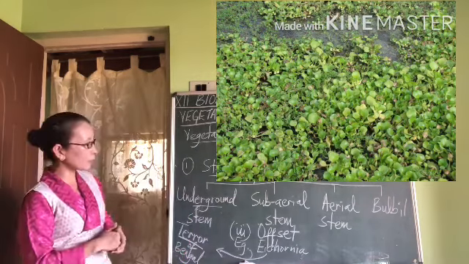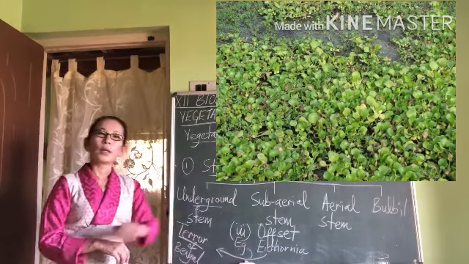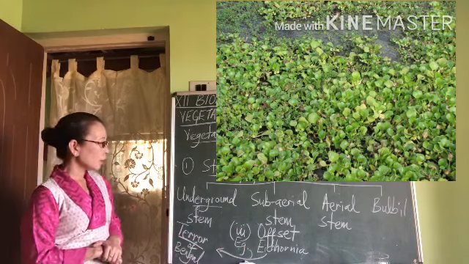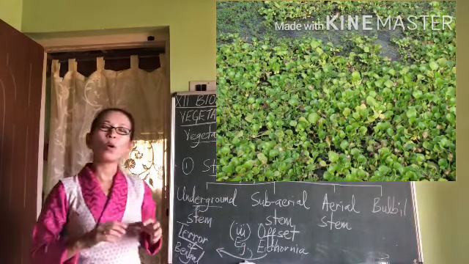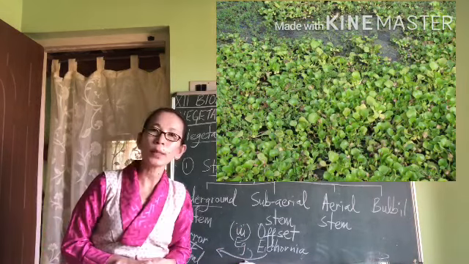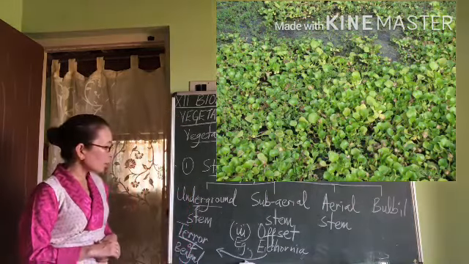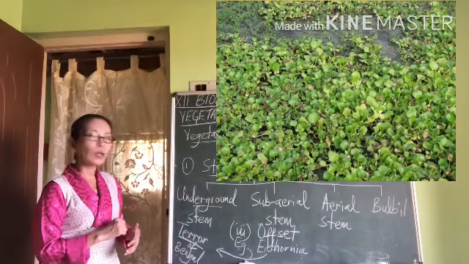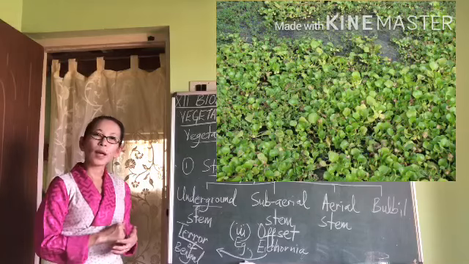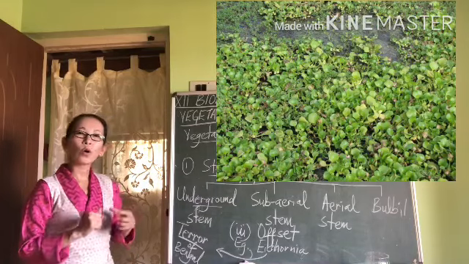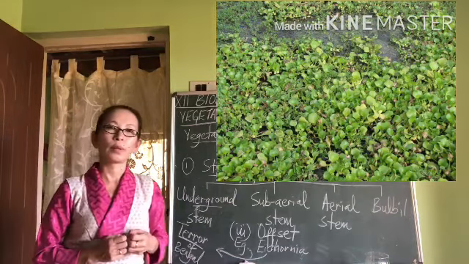So now, because of the invasiveness of the Eichhornia, it has covered almost all of the freshwater bodies, and thereby this highly invasive water hyacinth has drained all the oxygen out of the water.